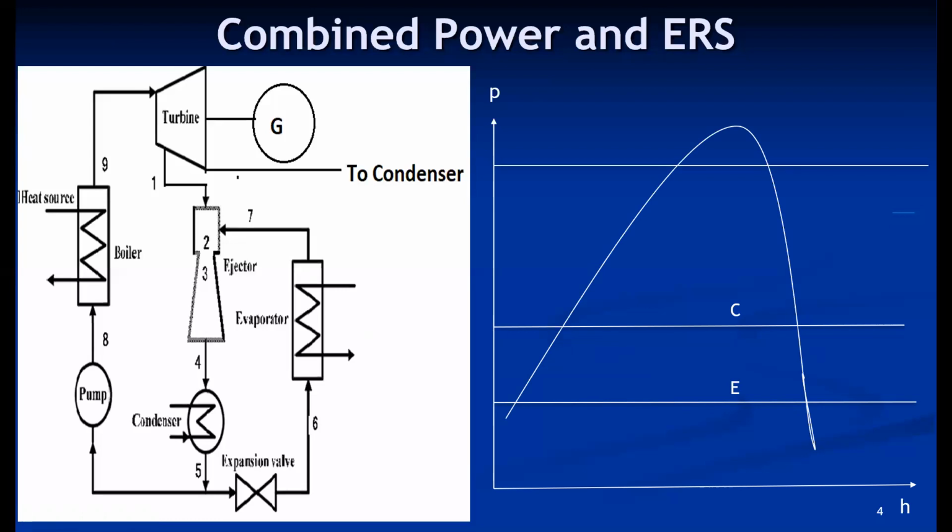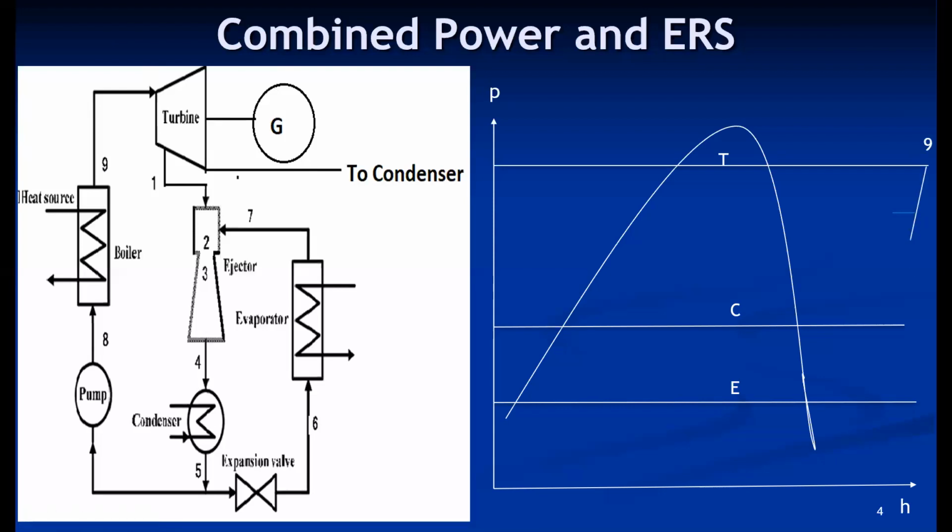As this is a normal steam power plant, generally the state of the refrigerant at the entry of the turbine is not saturated, because the power plants used for generation of electricity are high pressure boilers. The state is essentially superheated. So point 9 is in the superheated state.